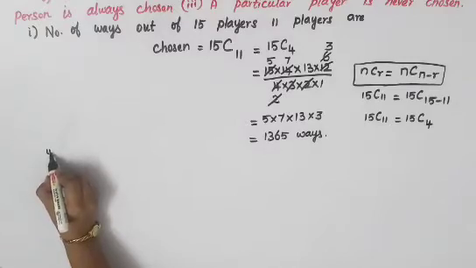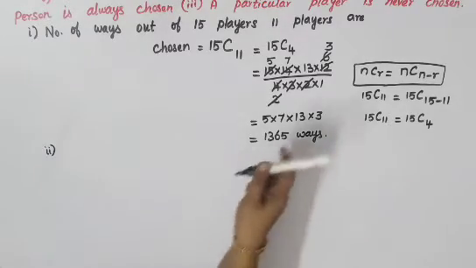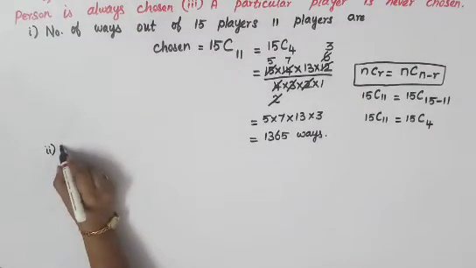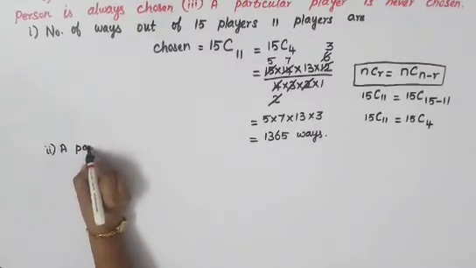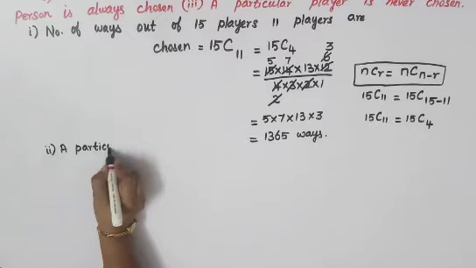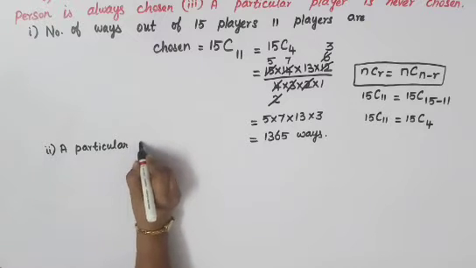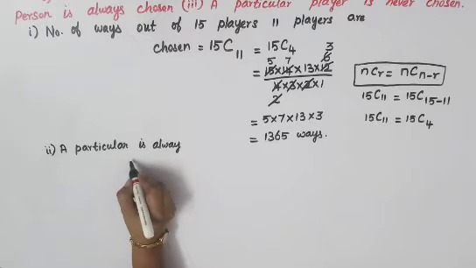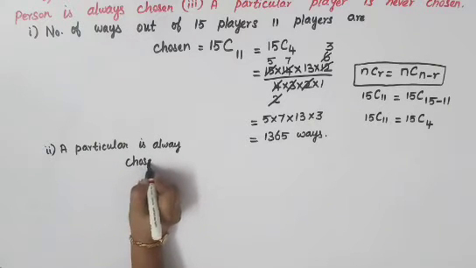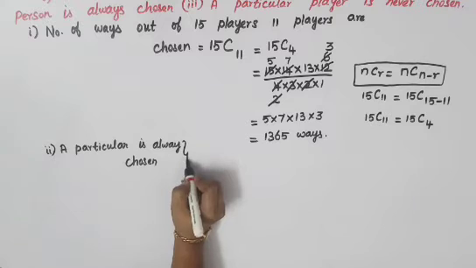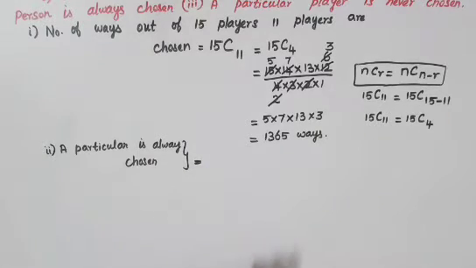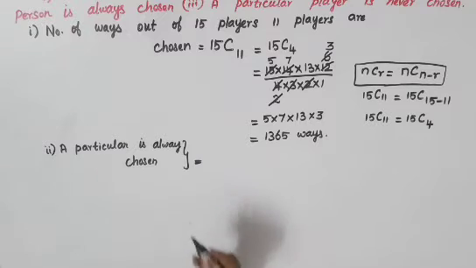The second condition is, a particular person is always chosen. So we can fix that person. That person will be there wherever the match is going on. That person will be there as a captain or some person.